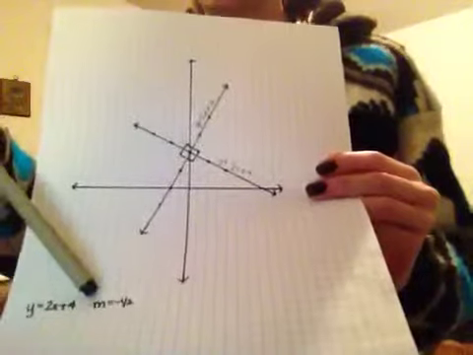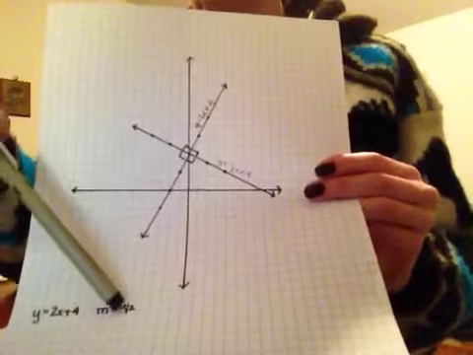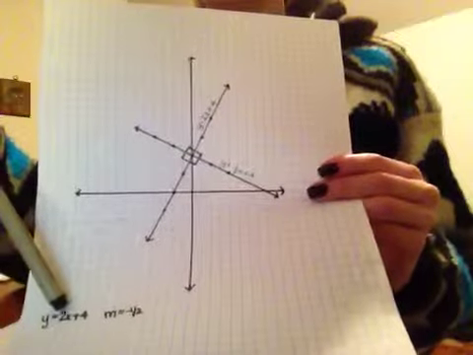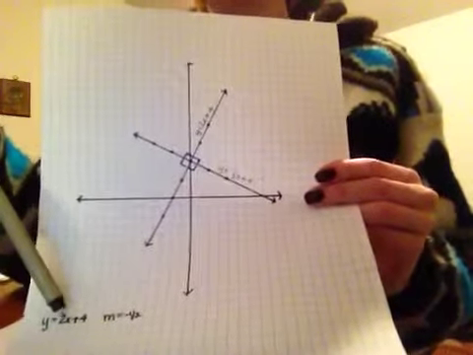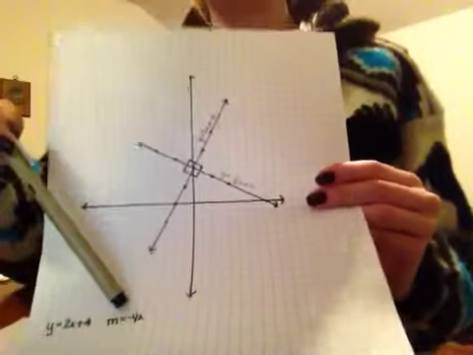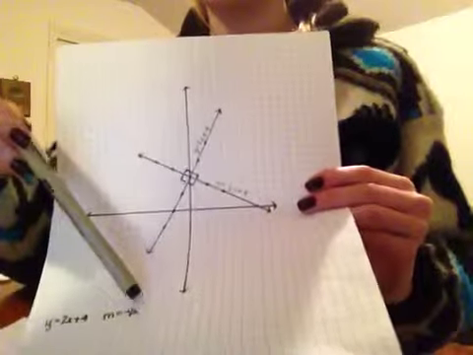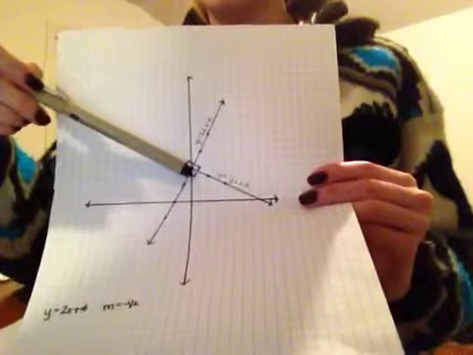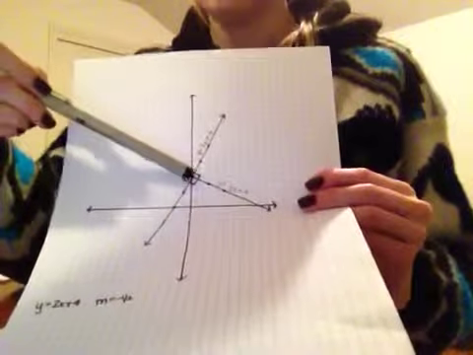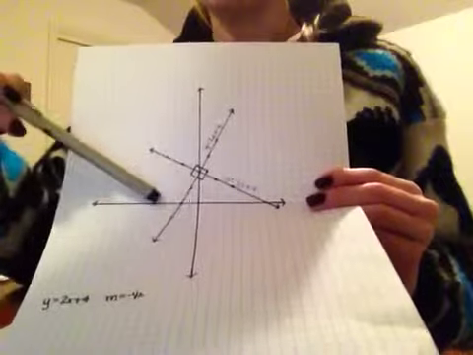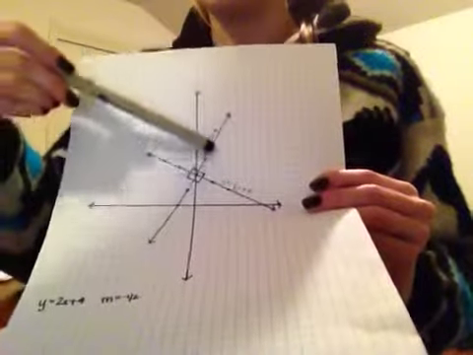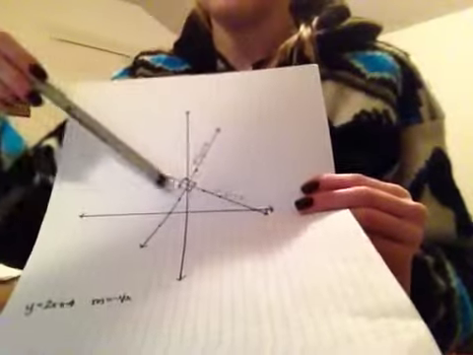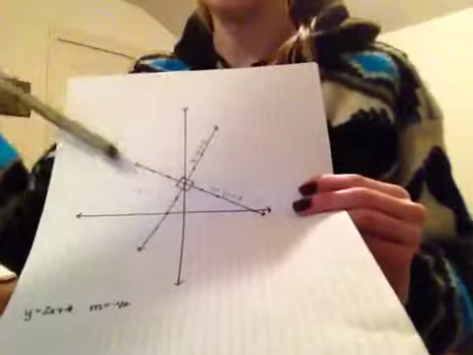And then we would go, okay, so the slope is the reciprocal of the first equation, and we change the sign, so it would be -1 over 2. So then we would go from the same y-intercept and then go down 1 and over 2, and then we would plot, oh sorry, this line. We would plot this line to make it perpendicular.